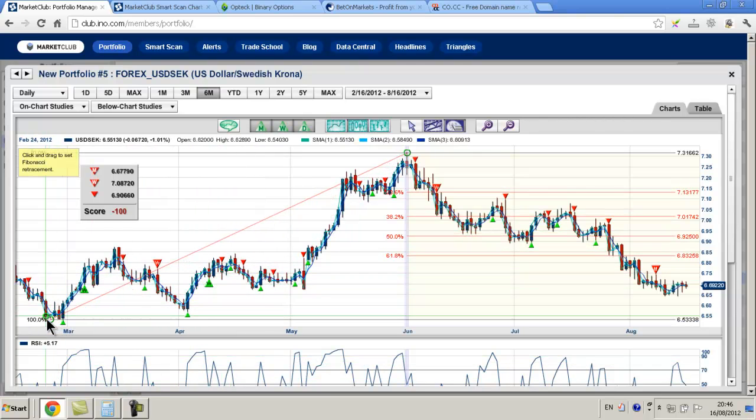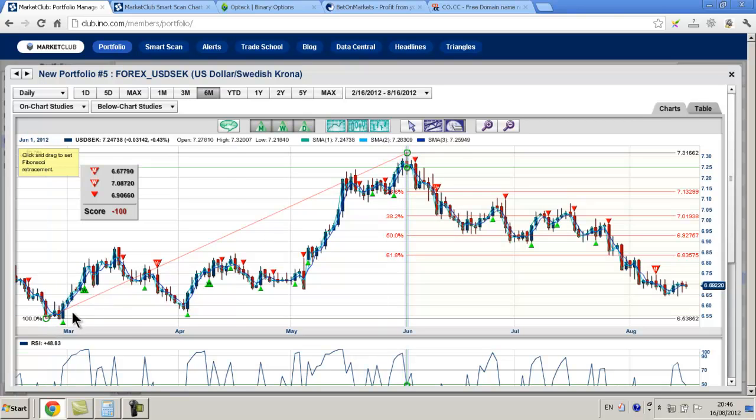So that's more likely over here. Okay, so it's made it there, and that's the lowest point. So it's still on the way down. It's still got a lot of way to go down to that low of March. It hasn't retraced yet. Still on a downward trend, so that's a good sign.